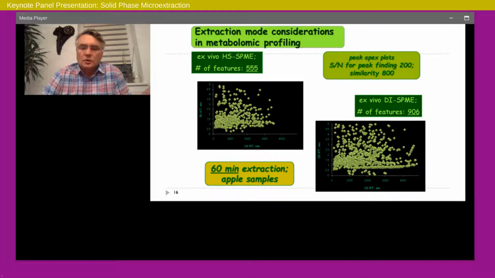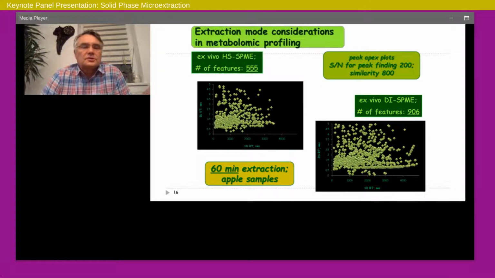So here is an example of what the benefit of that will be. You have an apple homogenate. If you look on the left slide, this is headspace analysis, 60 minutes extraction, and comprehensive two-dimensional gas chromatography.